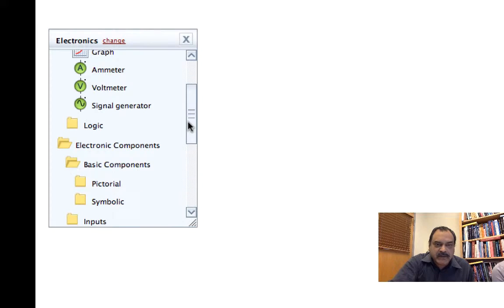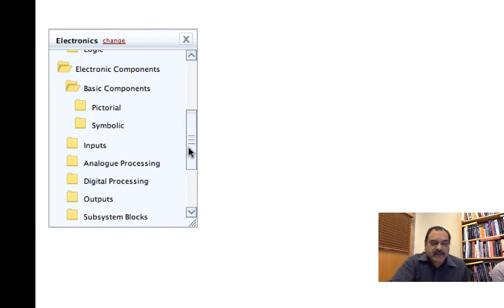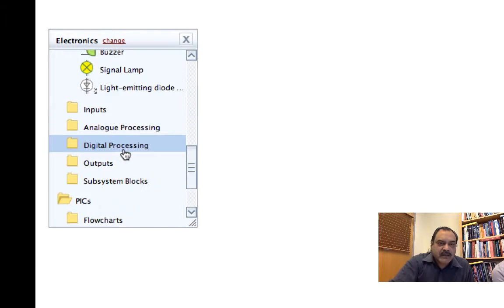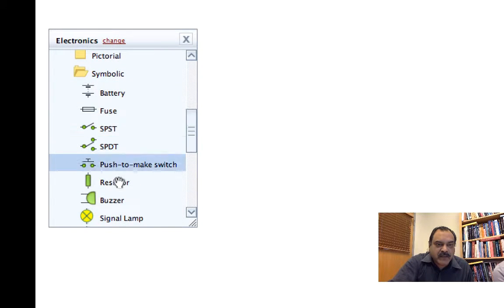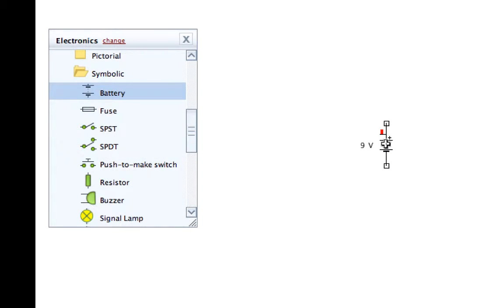Let's start out with a symbolic circuit. We have our list of things that we can build a circuit with, basic things right here. Let's start with a battery, a 9-volt battery. We can start with a switch and just drag it over here to build the circuit.